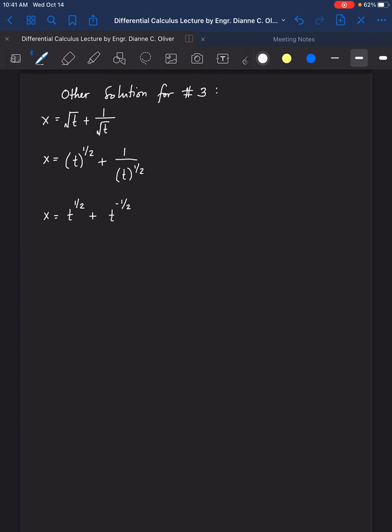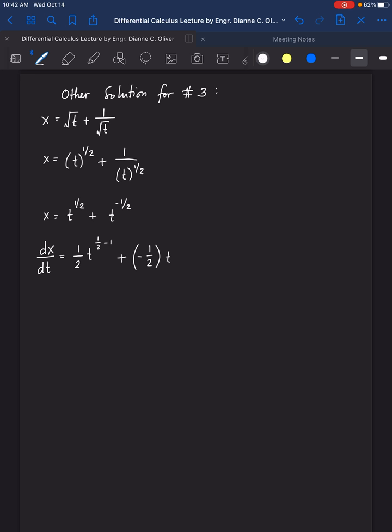Okay, so derivative of x over dt is equal to, bring down the exponent, you have there t raised to 1/2, so minus 1 for the exponent. Derivative of t is automatically 1, so I will not put it there, plus, so the exponent negative 1/2 has a negative sign, so I will be putting here a parenthesis.